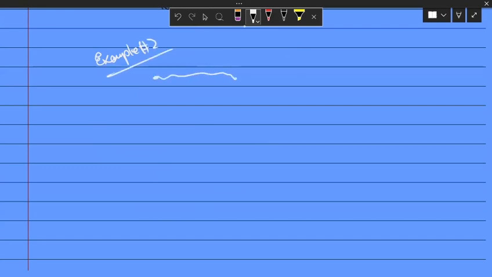So for example, this distance is 1.5 kilometer, and this is 2 kilometer, right? This time is 1.5 hours, and this time taken is 0.75, right? So the formula is total distance upon total time, right?